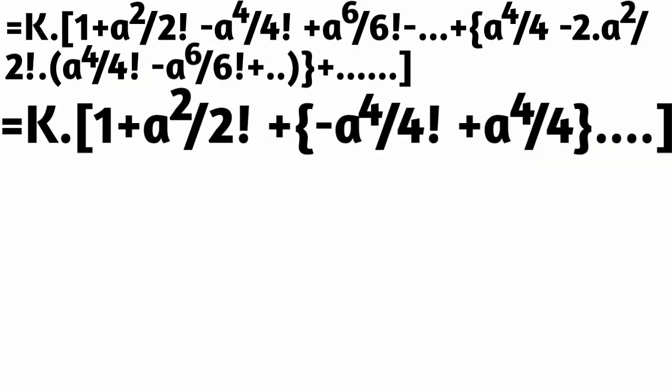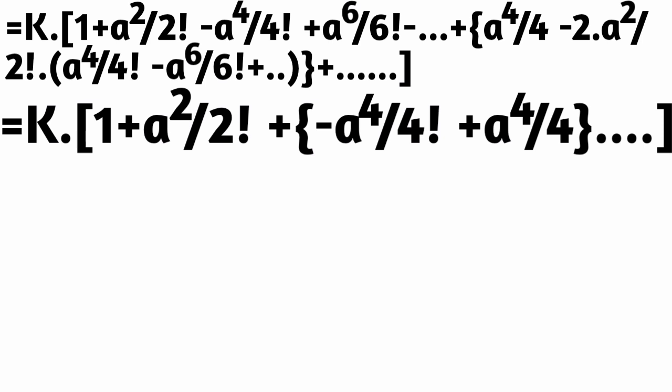Okay, and now after expanding, collecting equal degree terms and neglecting high degree terms, we can express the given value as k into {1 plus alpha square divided by factorial 2 plus (minus alpha square divided by factorial 4 plus alpha power 4 divided by 4)}.